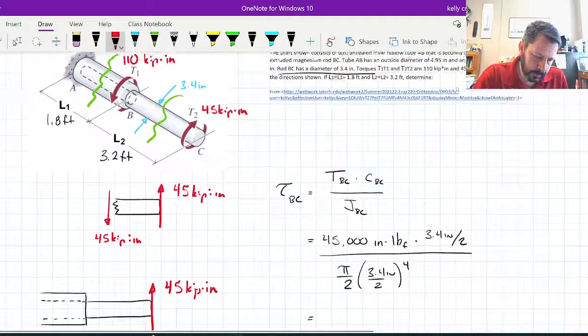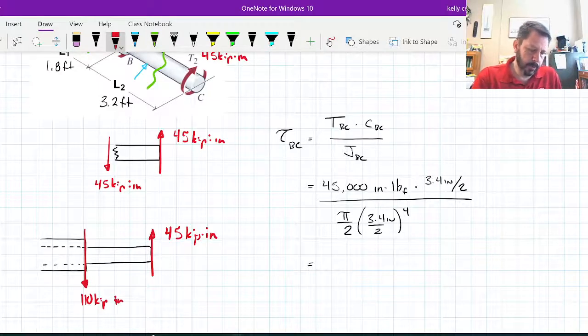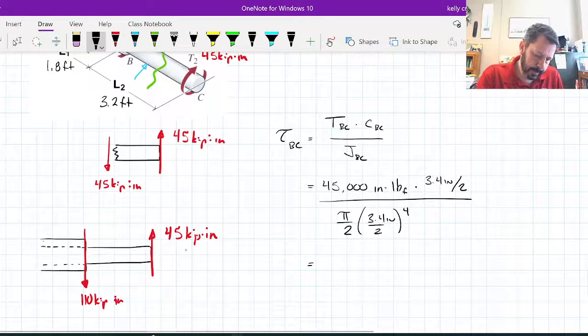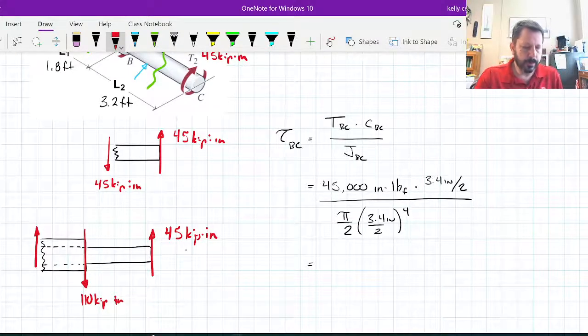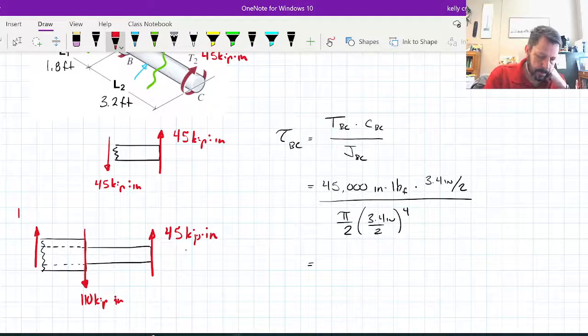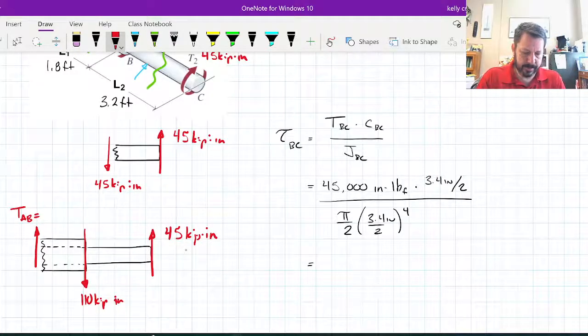And I've got, what was it, 110? Oh, yeah, 110 going down though. And so I need more going up, right, to balance this out. So the internal torque between A and B equals 110 minus 45, so that's 65, right?